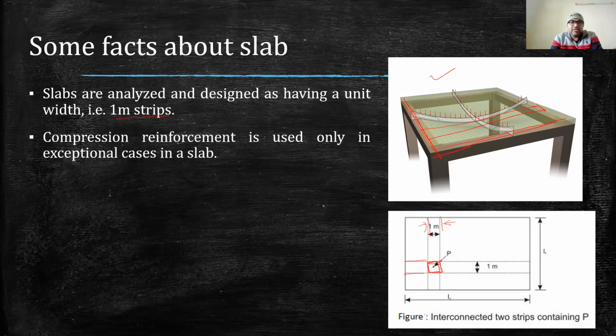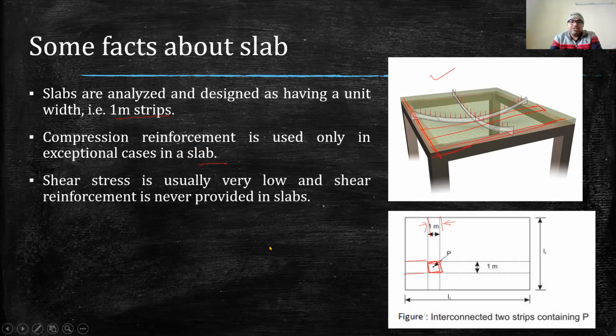Then compression reinforcement generally is not provided in the slab. So that is another fact. Generally in the beam, we provide compression reinforcement in case of doubly reinforced beam design, but in case of slab, we generally don't provide the compression reinforcement. Similarly, shear stress is also very low in case of slab. Why?